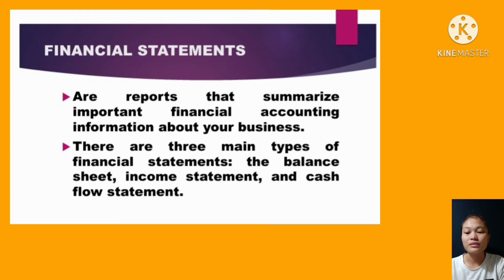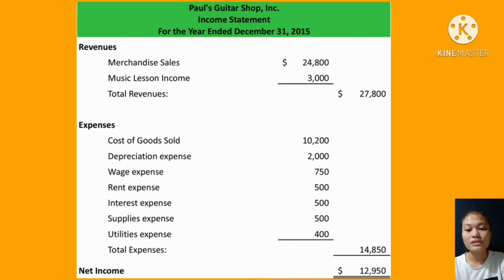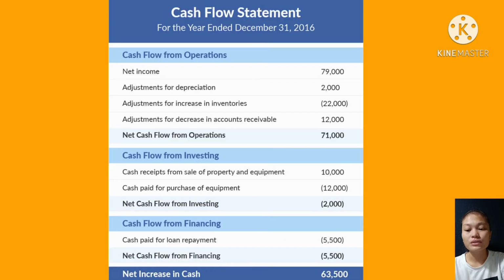There are three main types of financial statements: the balance sheet, income statement, and cash flow statement. These three major financial statement reports show complete information regarding assets, liabilities, equity, reserves, expenses, and profit and loss of an enterprise. Here's an example of a balance sheet, income statement, and cash flow statement.